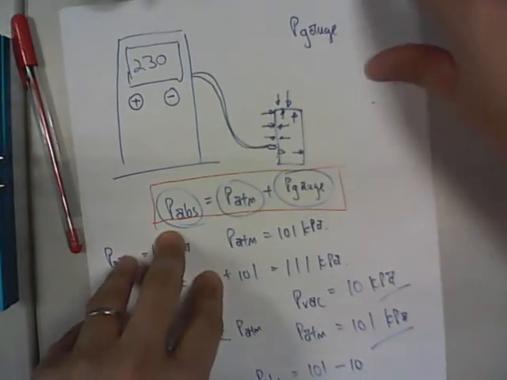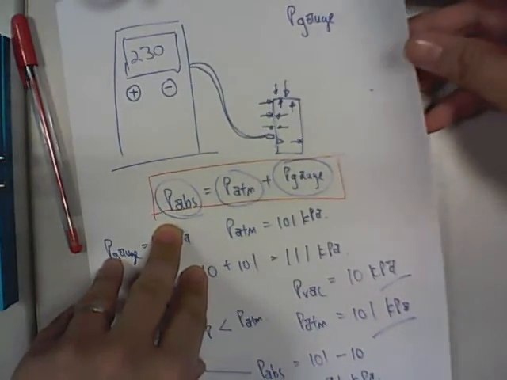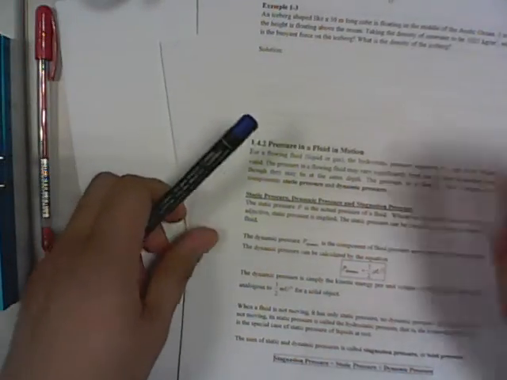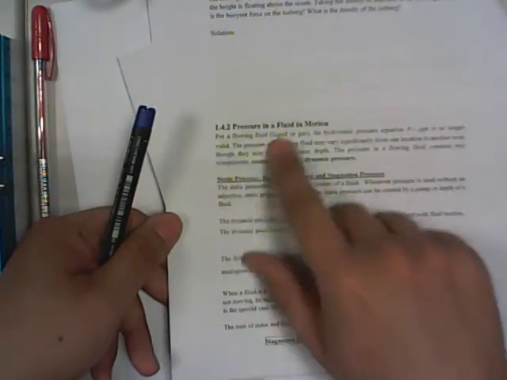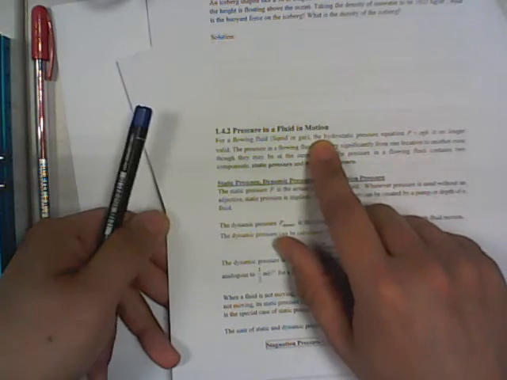There is another equation which I'm going to talk about now, which is related more to moving flows. That is on page 13, so we are jumping back to page 13. Here we see pressure in a fluid motion, topic 1.4.2.